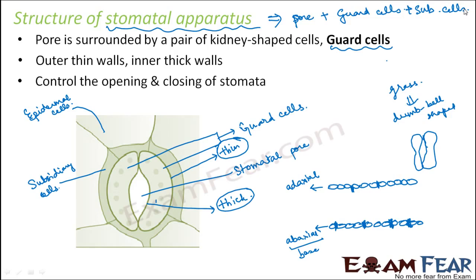So now in the next slide, we will see what is the mechanism that causes opening and closing of stomata. Now we understood that it is because of the movement of the guard cells. Now what is it that causes the movement of the guard cells? That is our focus in the next slide.